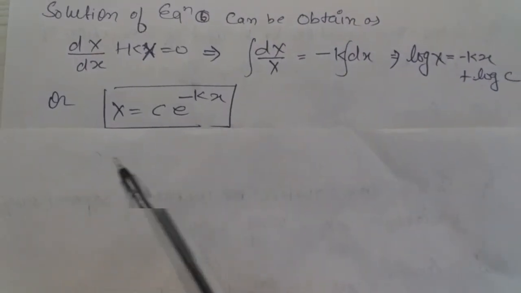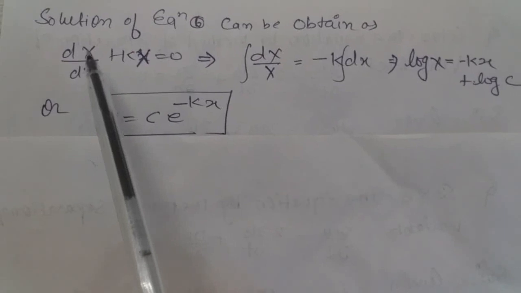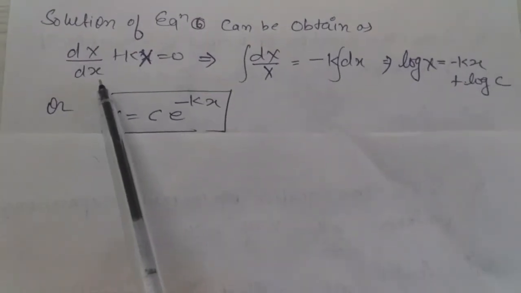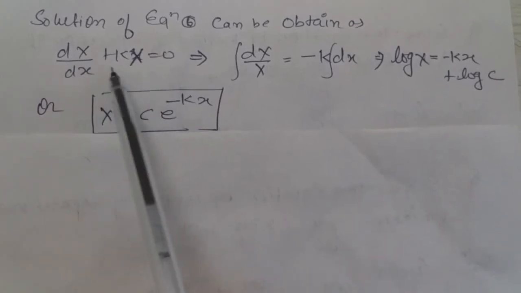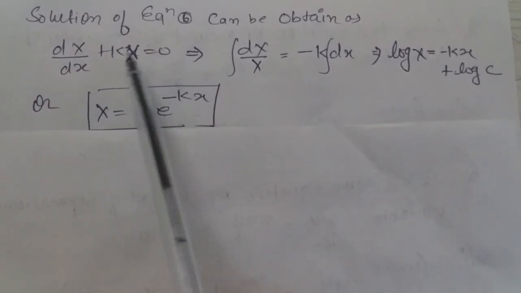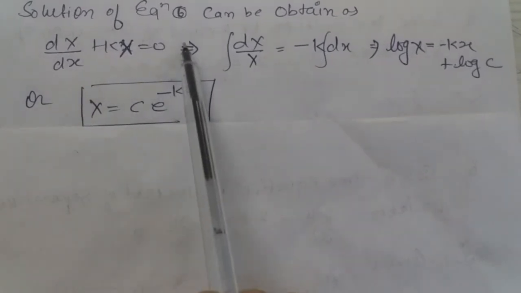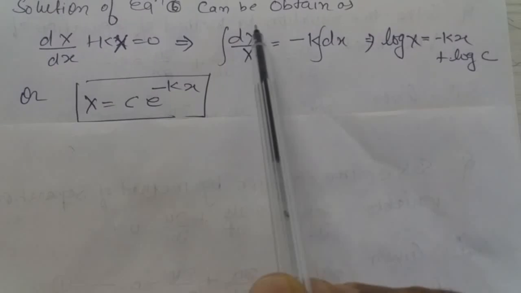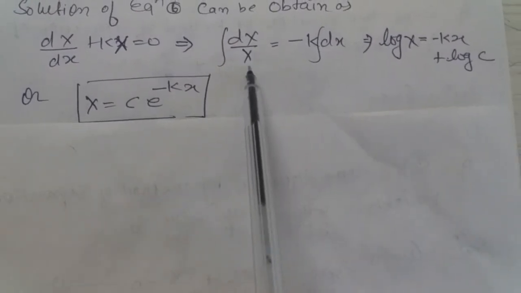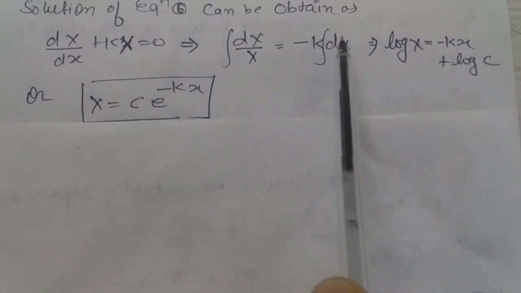Now we obtain the solution of the second ordinary differential equation, which is dX/dx plus kX equal to 0. Simply we separate the variables, we transfer kX into left hand side, and then we get dX/X equal to minus k dx.